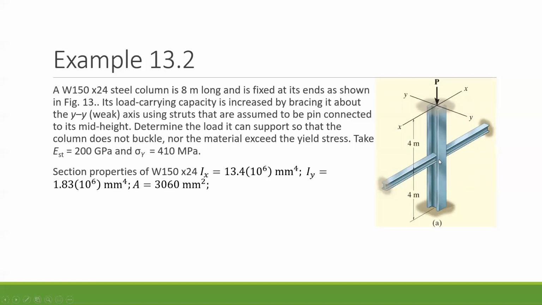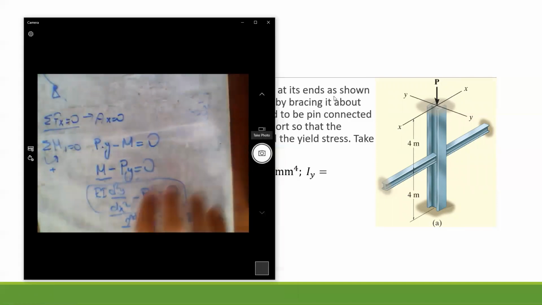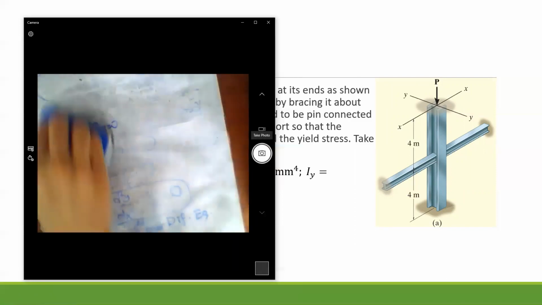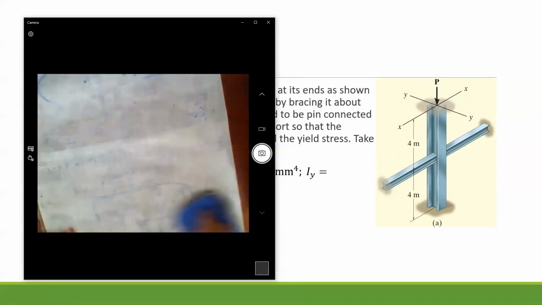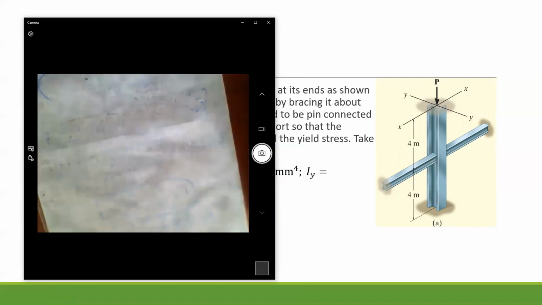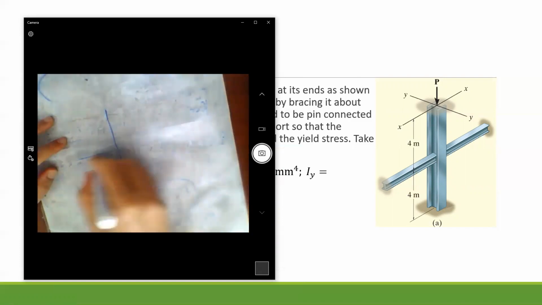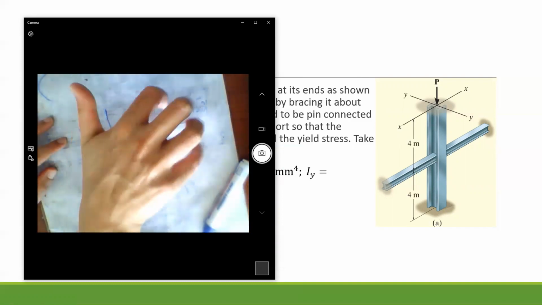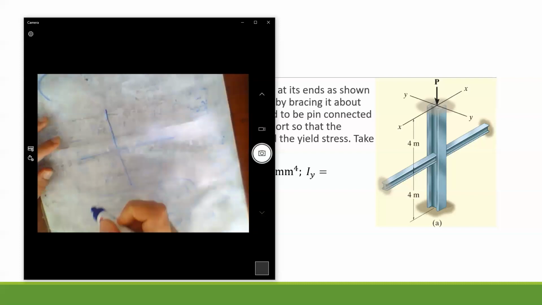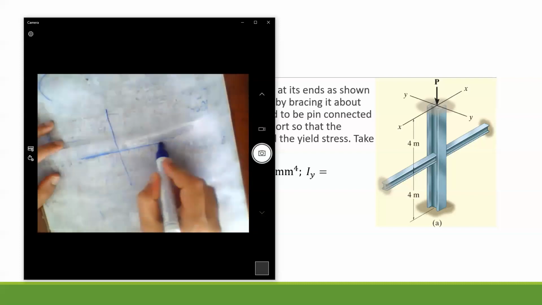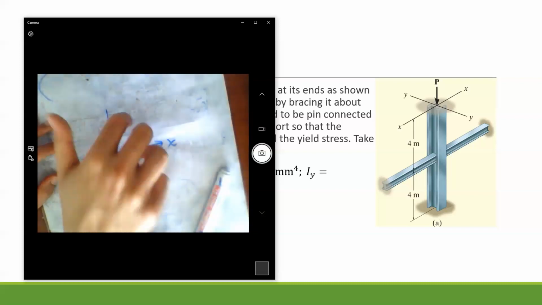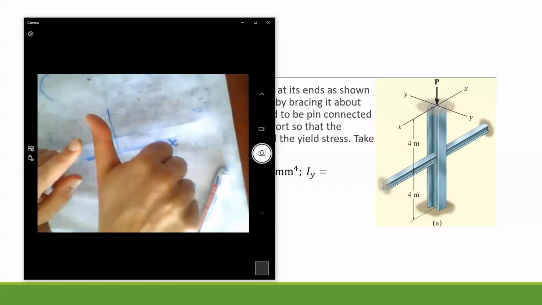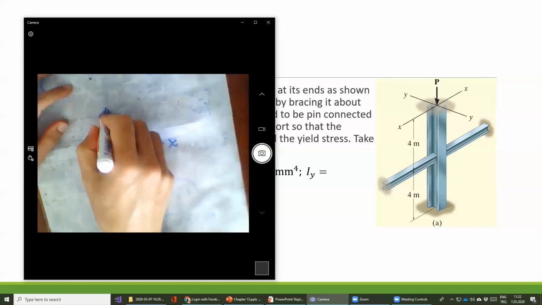About the y-axis, some of you may say, hocam, the direction of the bracing is on the x-axis, but don't forget the right-hand rule. Bending about the y-axis, the bracing is in the x direction, but it prevents it. With the right-hand rule, look at this finger, it shows the y-axis.